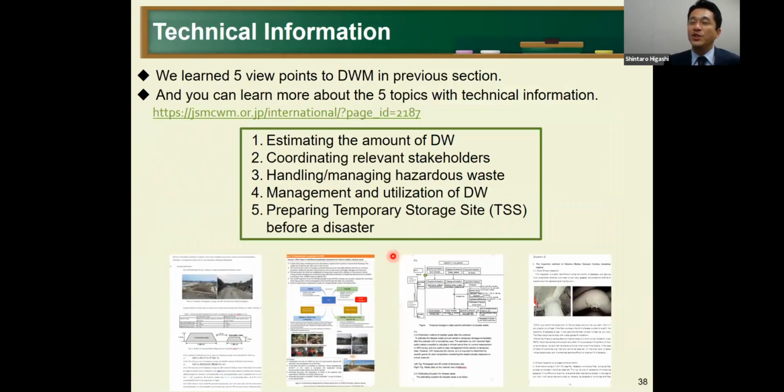If you want more specific issues, we have 5 materials for disaster waste management in terms of technical aspects. You may see that these 5 topics are similar to today's lecture: estimating the amount of disaster waste and coordinating remote stakeholders, handling and managing hazardous waste, management and utilization of disaster waste in terms of infrastructure, and preparing temporary storage sites before disaster.